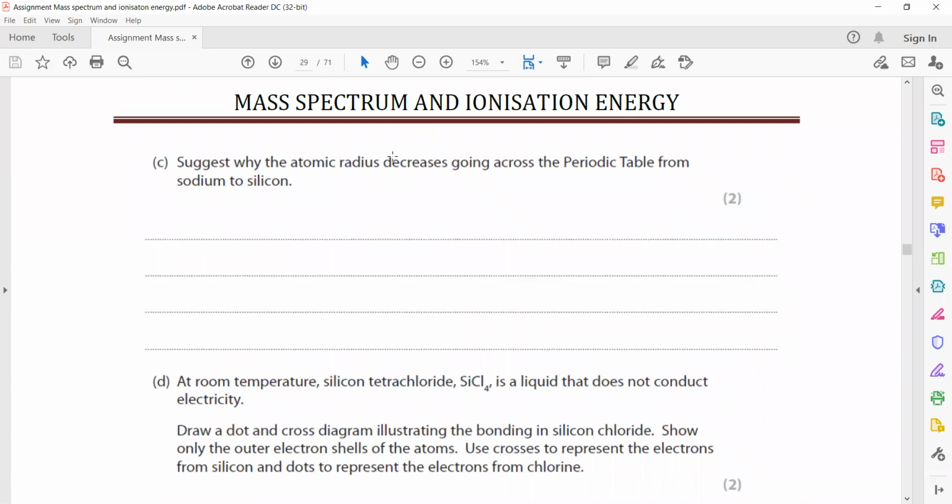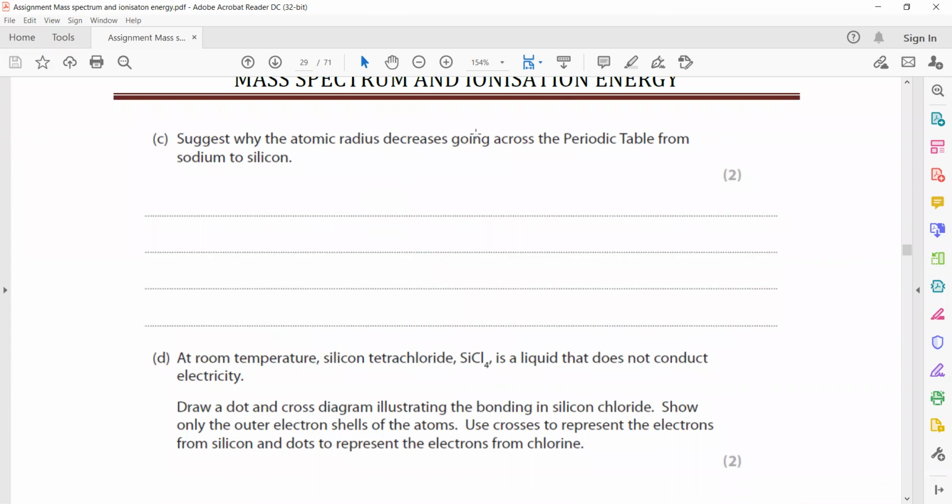Suggest why the atomic radius decreases when we move across the period. So when we move across the period, why does the atomic radius decrease? Because there is an increase in nuclear charge. There are more protons, so the nuclear charge increases for the same shielding effect, or for the same electrons in the outermost shell.